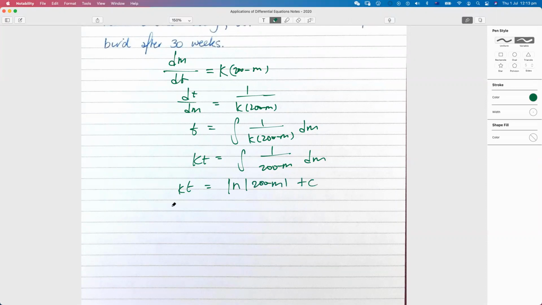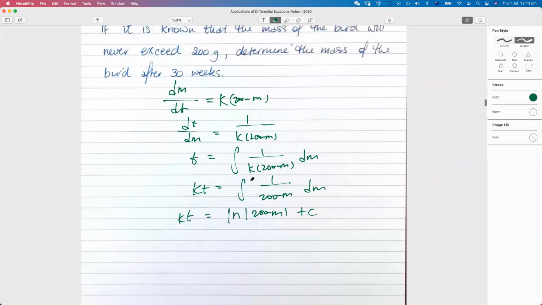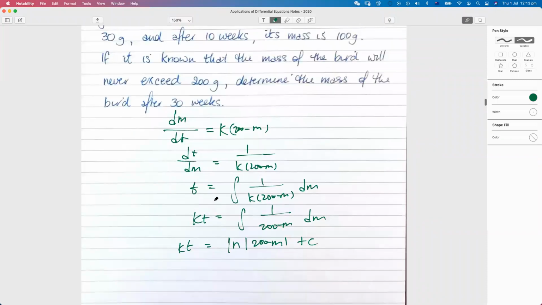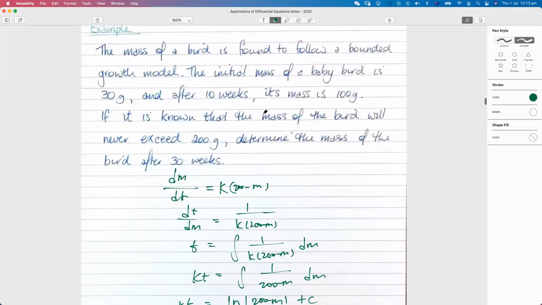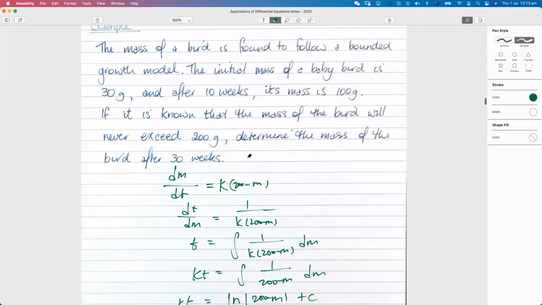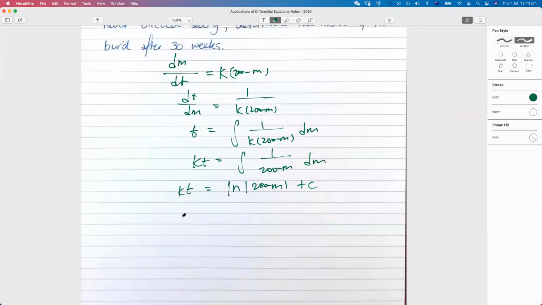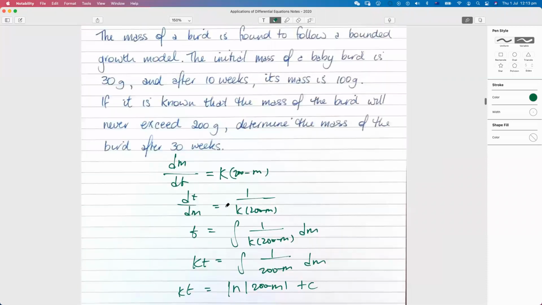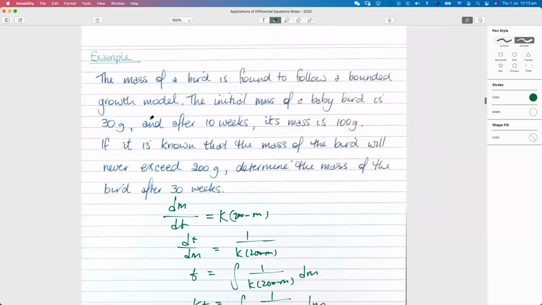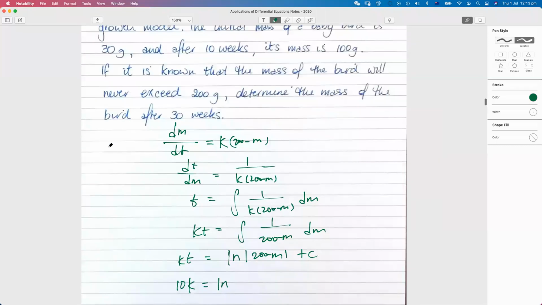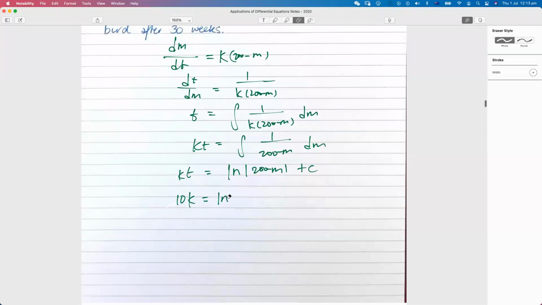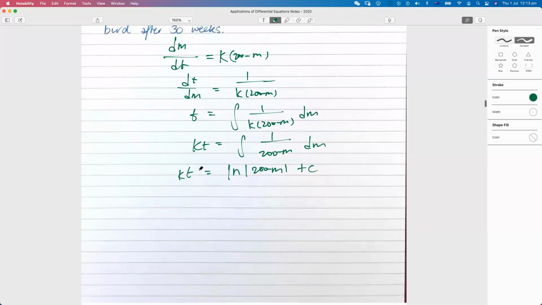Now we don't have to rearrange, we just need to find our unknowns. The first piece of information: the initial mass of the baby bird is 30 grams, so the first one is when t is equal to 0.